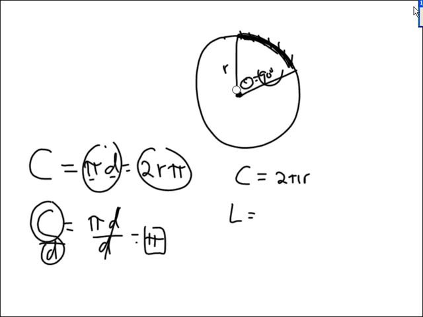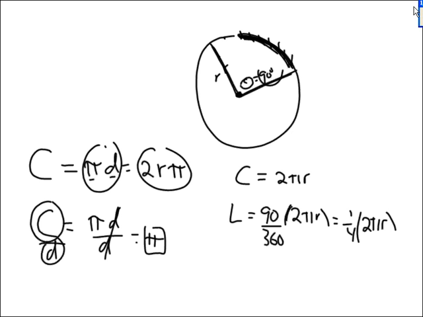First of all, since I'm using 90 degrees, let's make it believable. 90 degrees. Well, what portion of 2 pi r do we keep? This is a quarter of the circle, so we want a quarter of the circumference. 90 out of 360 is a quarter.